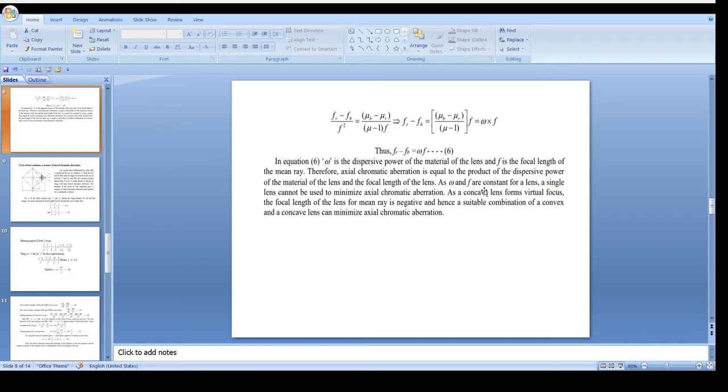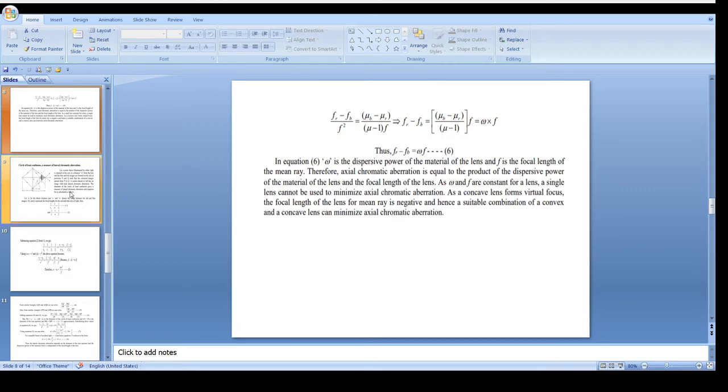As omega and f are constant for a lens, a single lens cannot be used to minimize axial chromatic aberration, as a convex lens forms a virtual focus. The focal length of the lens for the mean ray is negative, and hence a suitable combination of a convex and concave lens can minimize axial chromatic aberration.